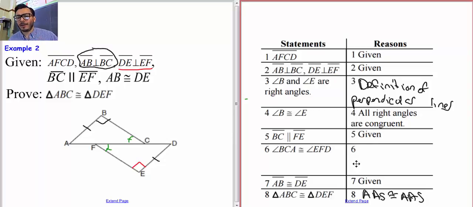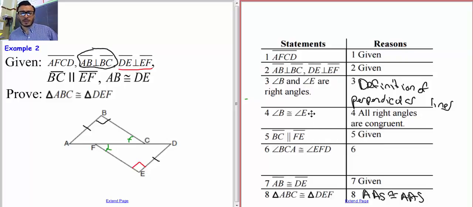Okay, next, before I fill in the blank for number 6, let me just follow their argument here because it's good to see. They said angle B is congruent to angle E. And do you remember why they're congruent? Because all right angles are congruent, right? If they both measure 90 degrees, then obviously they are congruent. Then they put the given here, BC is parallel to EF, given right over here.